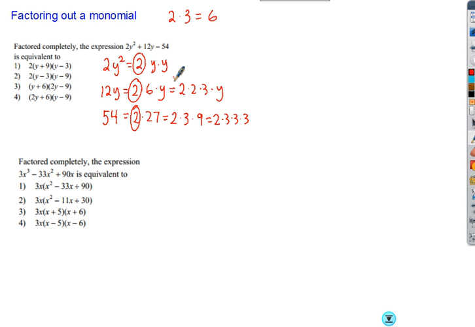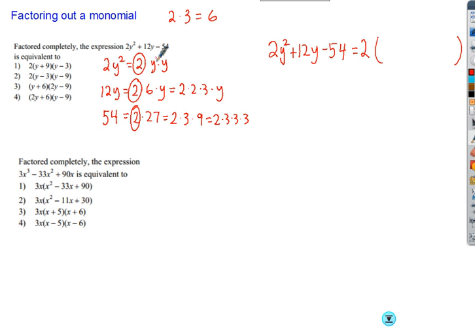If I'm trying to figure out what two expressions multiply together to give me the given expression of 2y squared plus 12y minus 54, I know that I could multiply 2 times something to get me back to my original expression.